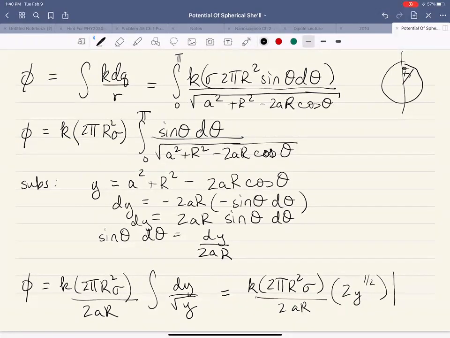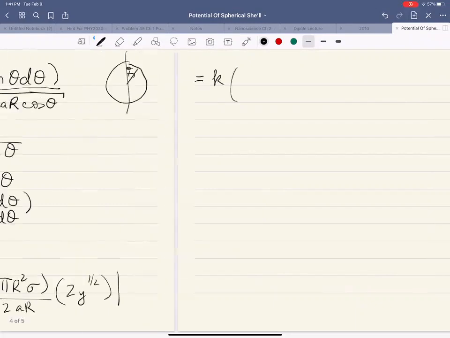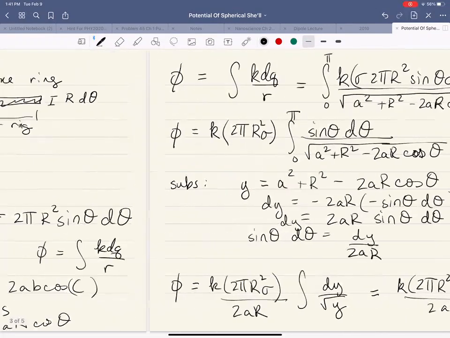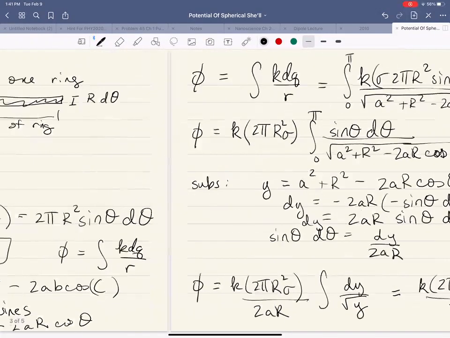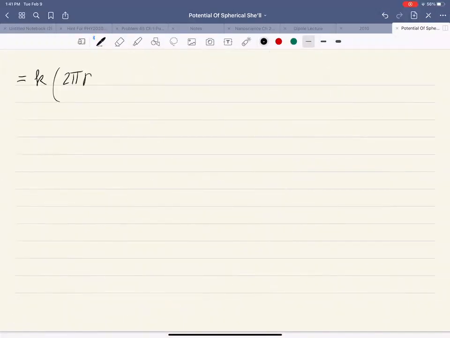So if I plug in for that, then I get k times, here we go, 2 pi R squared sigma over 2aR, right?